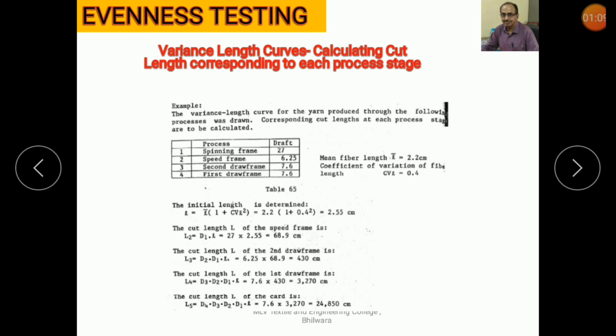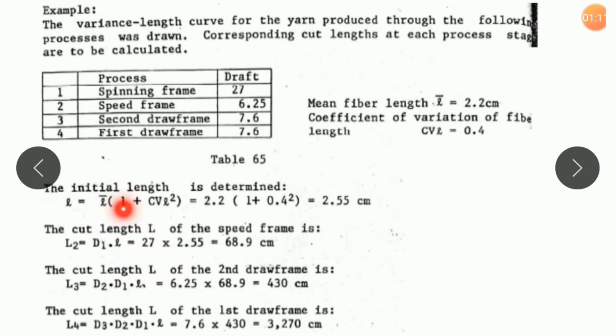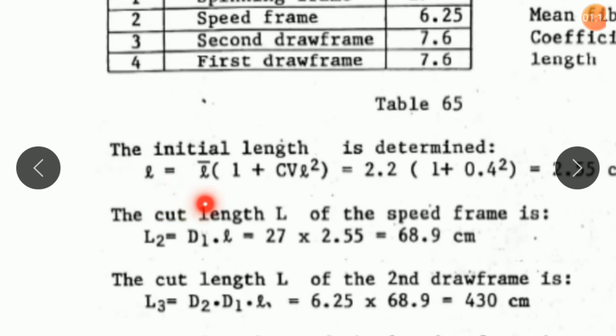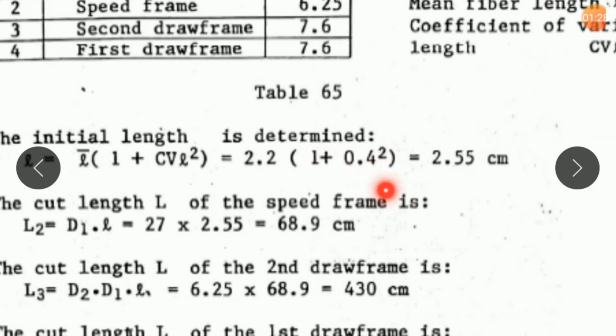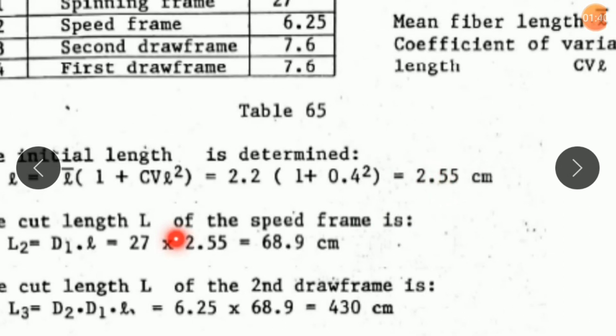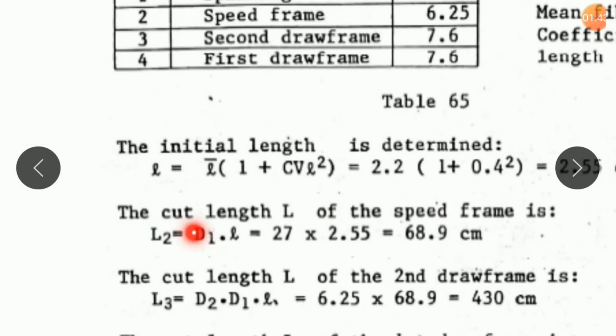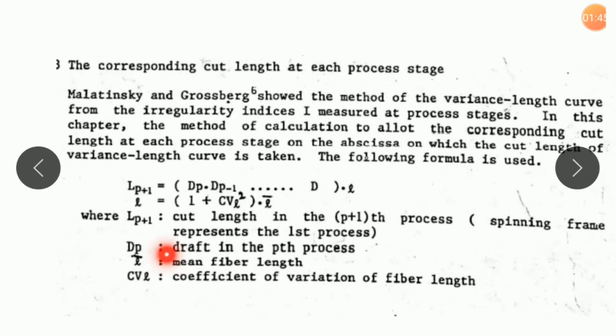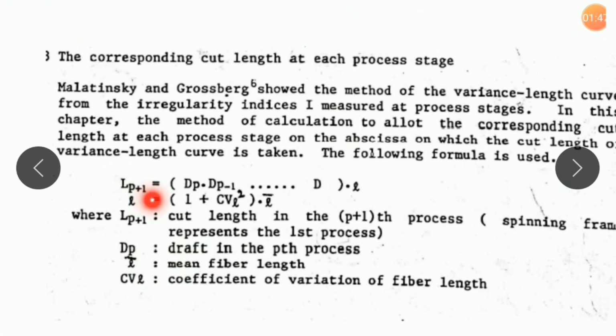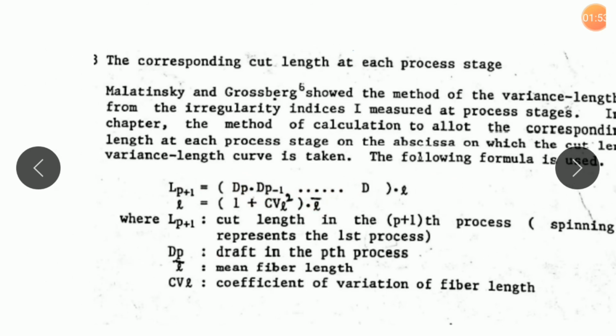So L here, L bar mean fiber length, that is equal to 2.2, times 1 plus CV squared in fiber length, so 1 plus 0.4 squared, so it works out to be 2.55. Now the formula for calculating is d(p) up to d(p-1) and L.